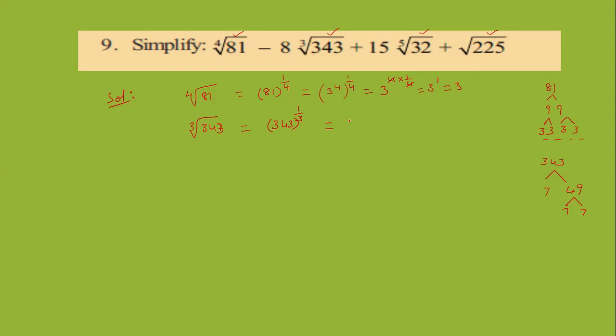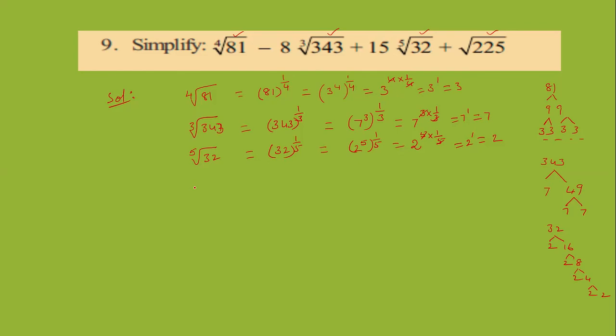So how many sevens are there? There are 3 sevens. So on behalf of 343, you write 7 cube. Again, what is already in the exponent? 1 by 3. Now you rewrite this as 7 to the power of 3 by 3. You may cancel these two. Finally 7 to the power of 1, what you get? 7.